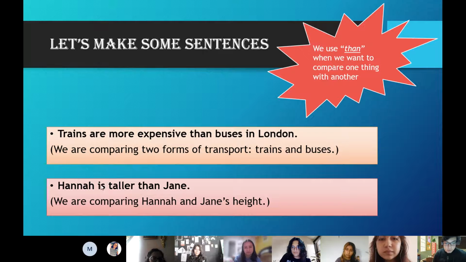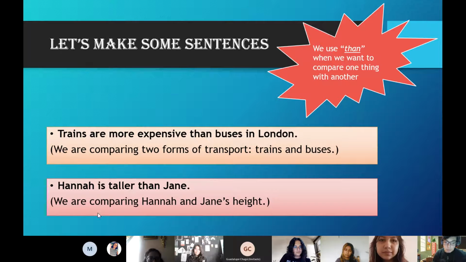Can somebody help me with the second example? Reading the second example. ¿Puede alguien ayudarme leyendo el segundo ejemplo, por favor? I can. All right. Hannah is taller than Jane. Good. Thank you so much. So here we explain what this sentence is trying to compare.